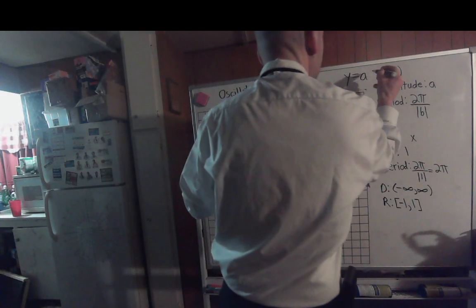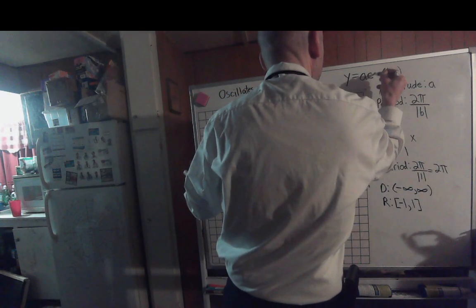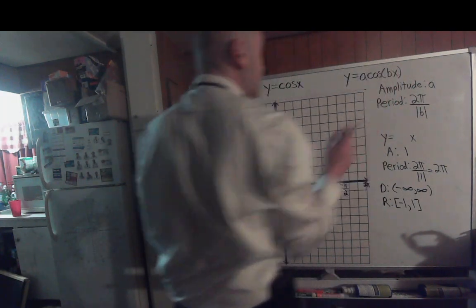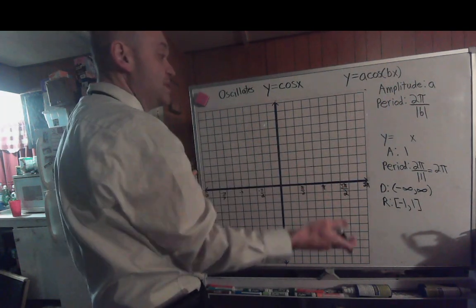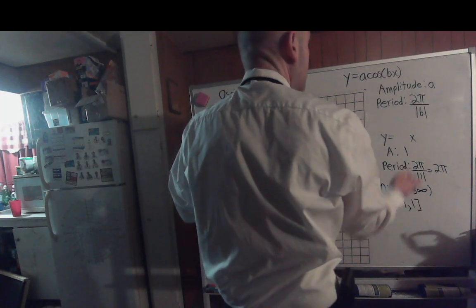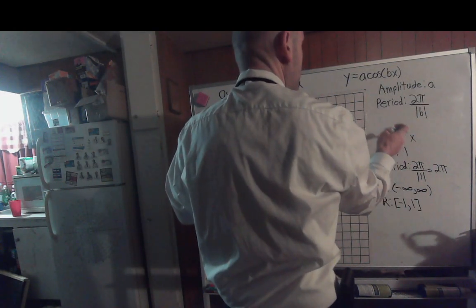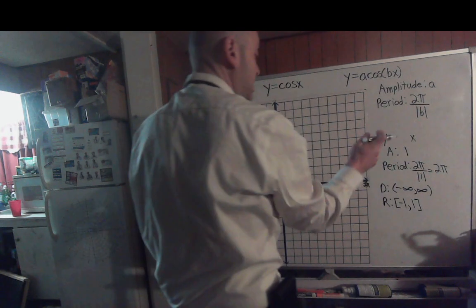So you could have a function of the form y equals a cosine of bx. It's the same deal. The amplitude is your a, your period is 2 pi over b.